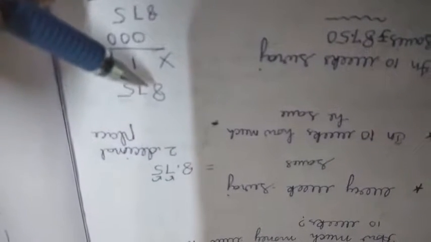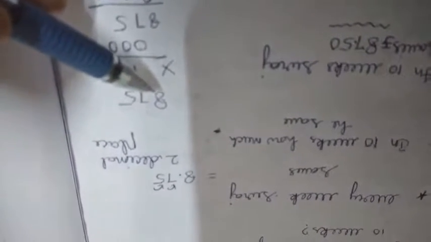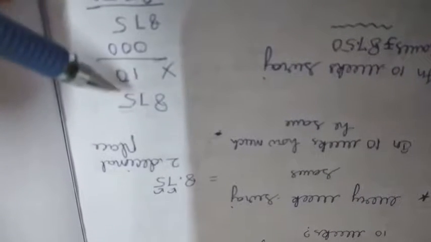Now, just for your understanding, I have put stars since it's a story sum. Every week Suraj saves how much? 8.75. We have to find out in 10 weeks how much he saves. So now we have to multiply as a whole number. Leave the decimal. Now write as a whole number. 875 multiplied with 10.